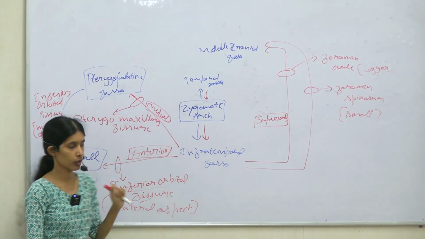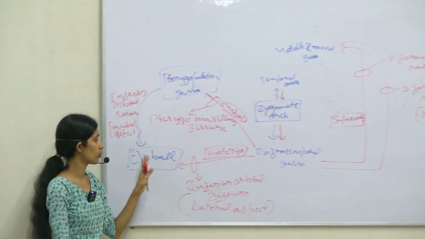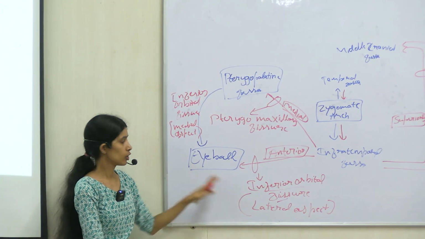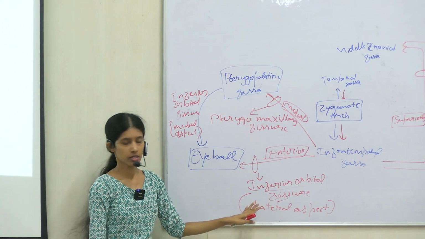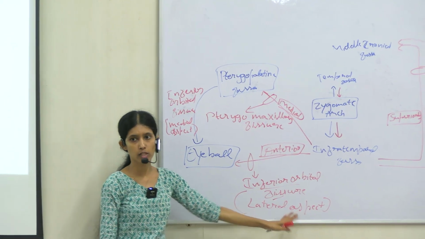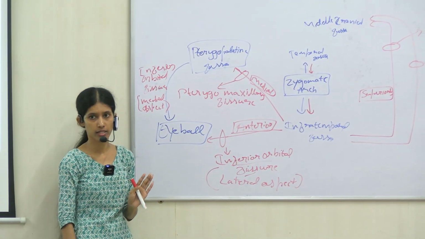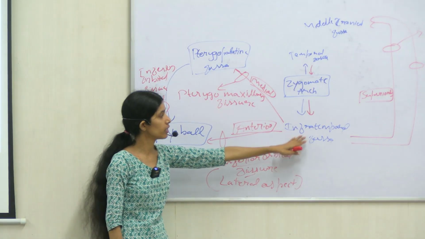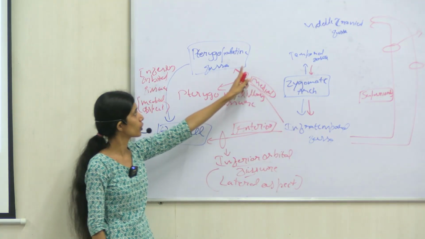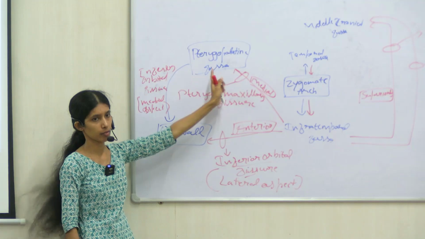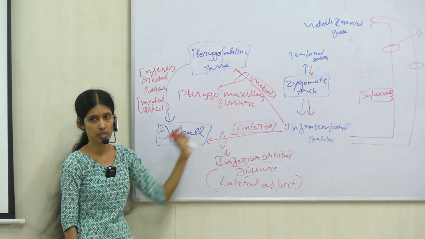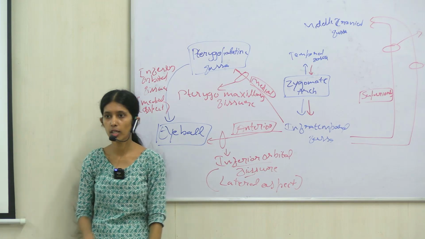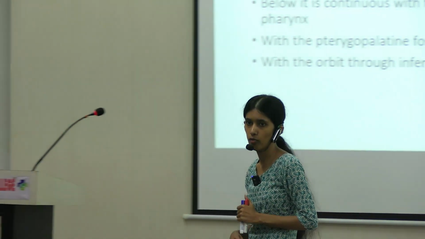Anteriorly it communicates with the eyeball part through an opening called inferior orbital fissure, in a lateral aspect or towards the lateral side. And medially it communicates with the pterygopalatine fossa through an opening called pterygomaxillary fissure. These are the important communications of your infratemporal fossa.